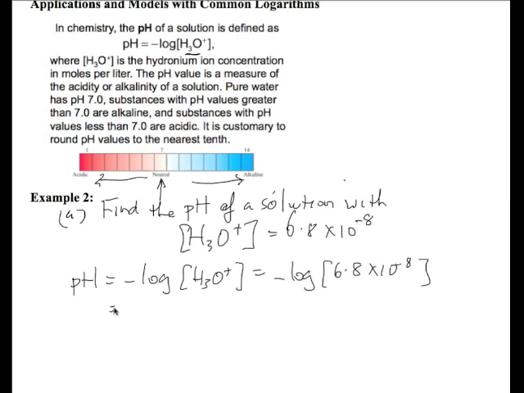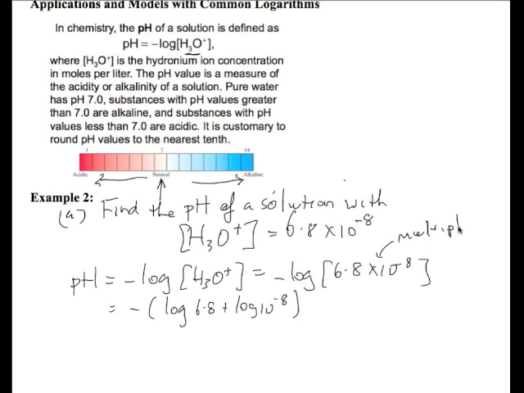Now we can use our log rules here. There are a couple of things we can do. We can write this as the negative of the log of 6.8 plus the log of 10 to the negative 8, because this is a product, notice that we are multiplying.